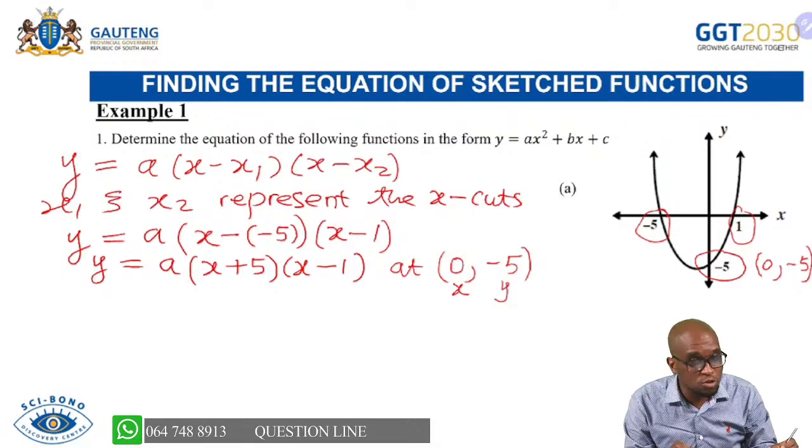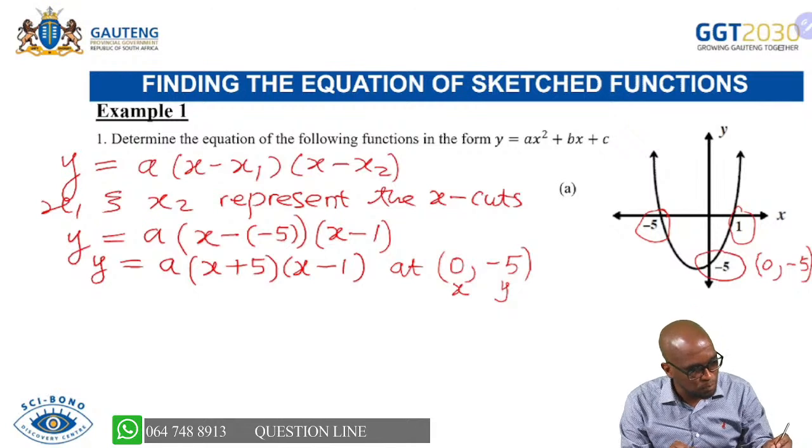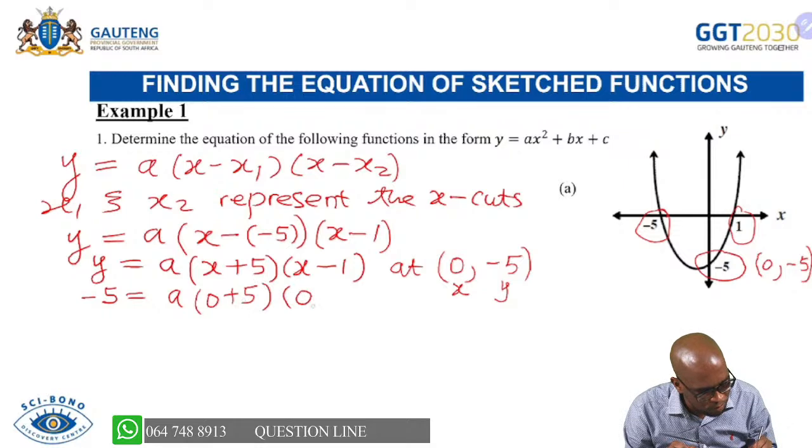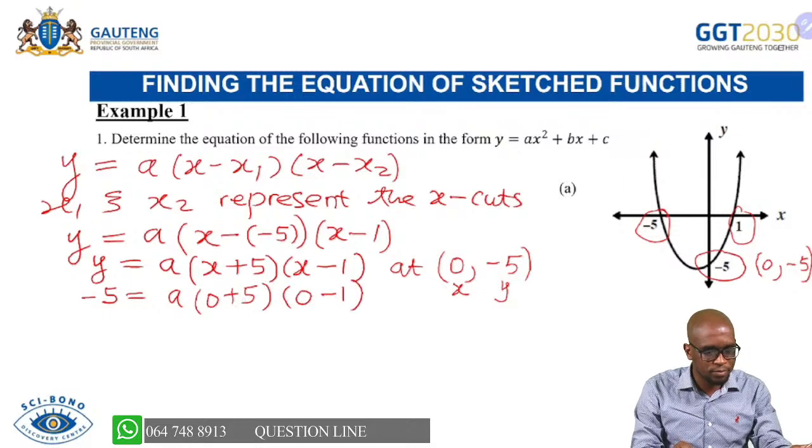So if we substitute that on the given equation, you'll have minus 5 is equals to a into 0 plus 5, 0 minus 1.